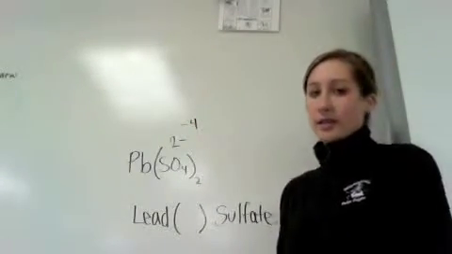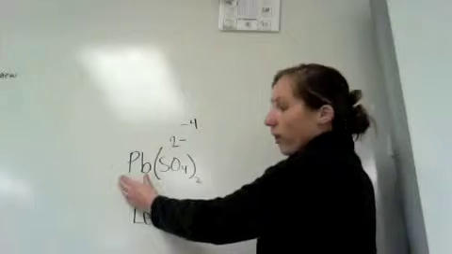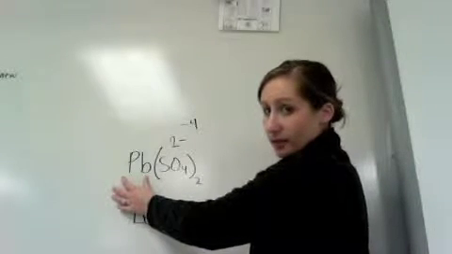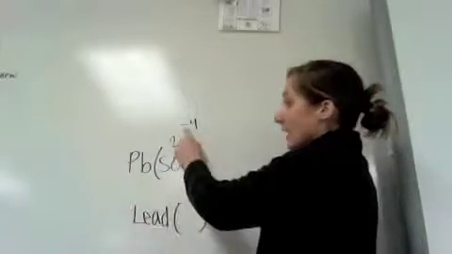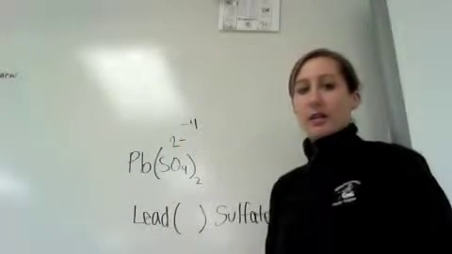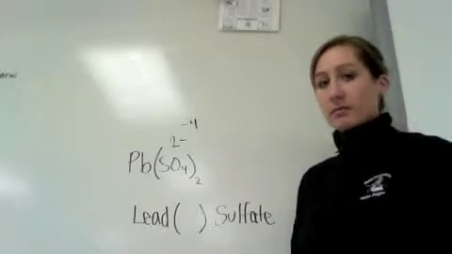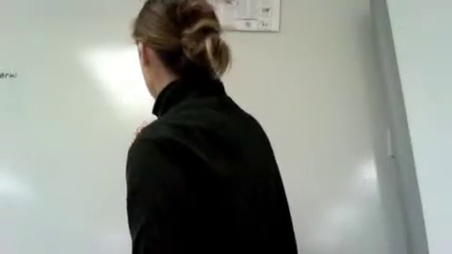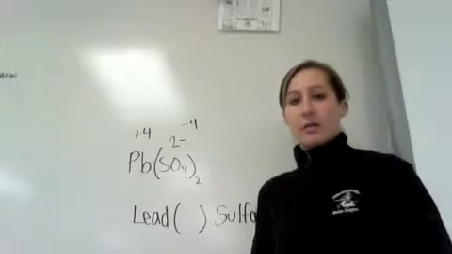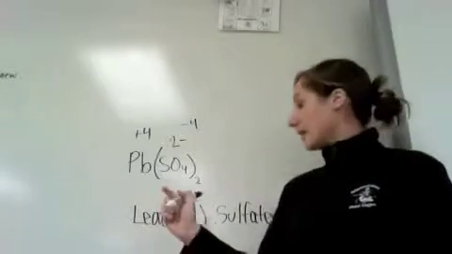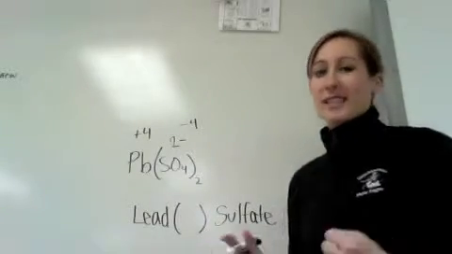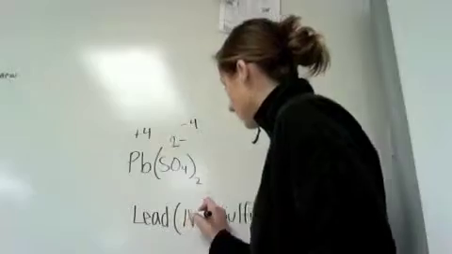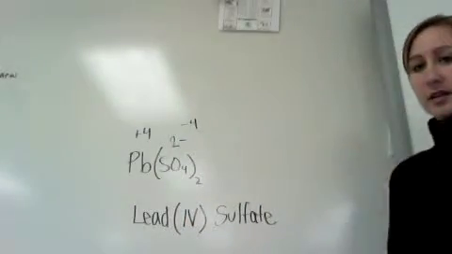Well, I only have 1 lead atom, so what does the charge on lead have to be to cancel out the -4? It has to be +4. So then I just transfer that 4 down into my parentheses, and remember the way that I write 4 in Roman numerals is IV. So I have lead(IV) sulfate, and there's your answer.